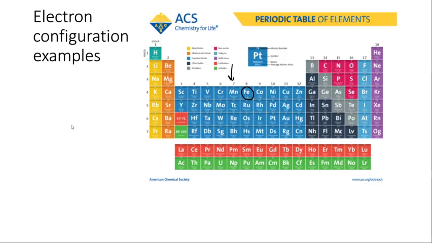So if we come back to this, right, we're going to look at iron. So we've got iron. Its atomic number is 26, which means we are going to have 26 electrons in total. We know that it is in the D block, and that its energy level, right, is going to be 3.